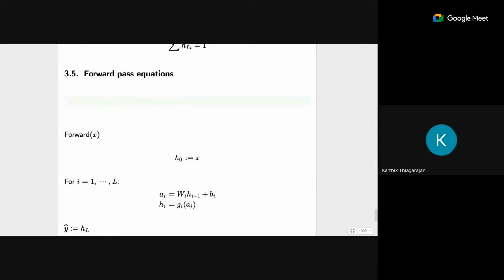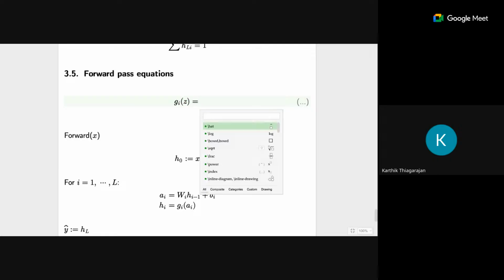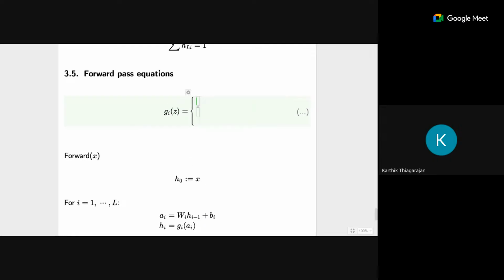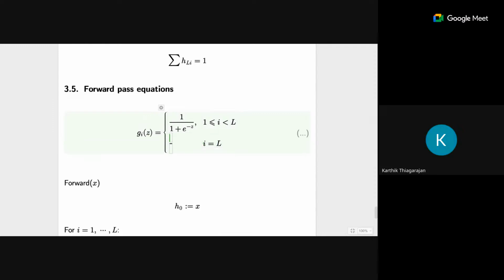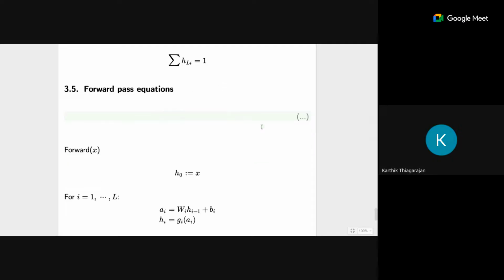For example, G_i of z is equal to 1 over 1 plus e power minus z, something like this, just for completeness.